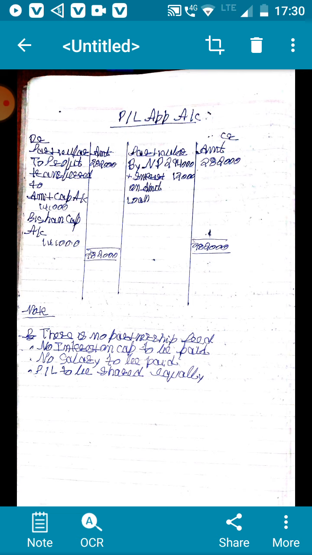Now we analyze the note. The note says that there is no partnership deed.